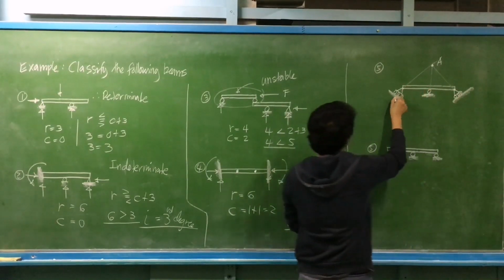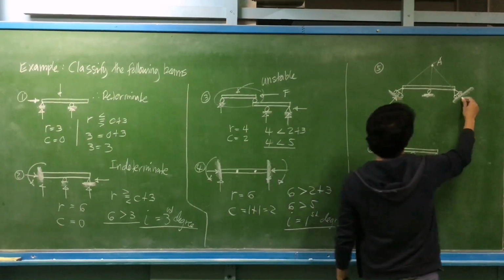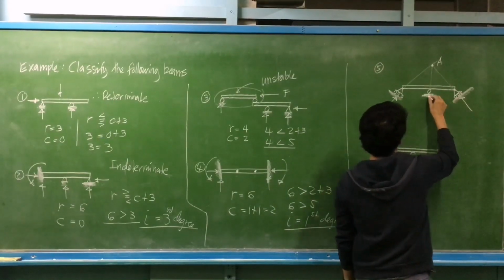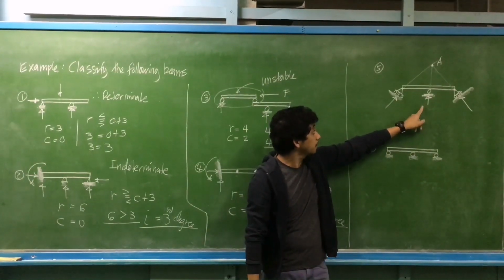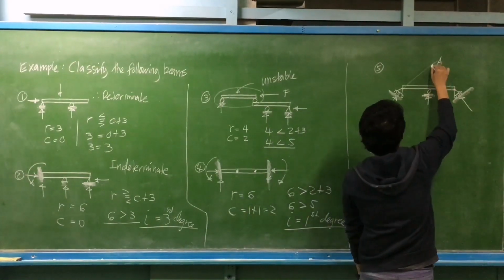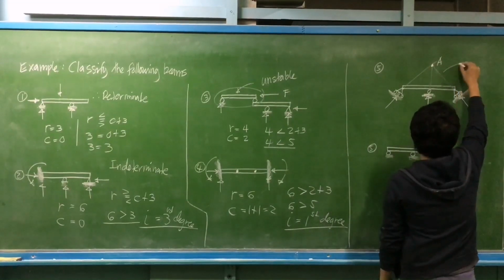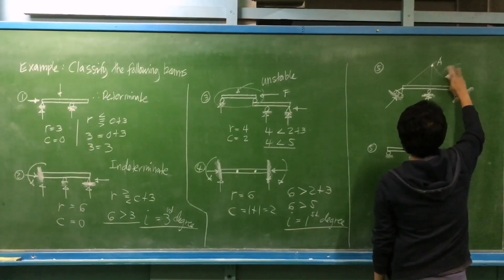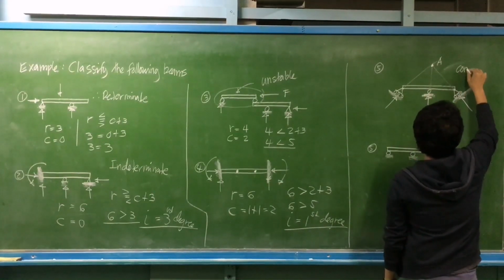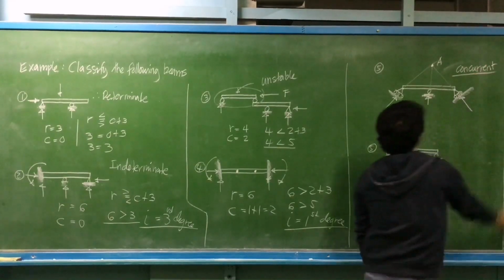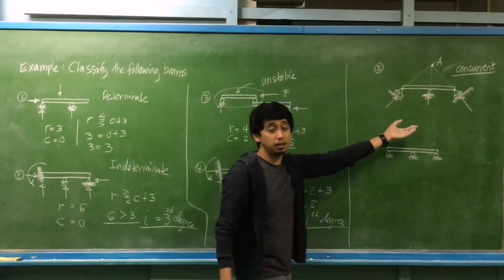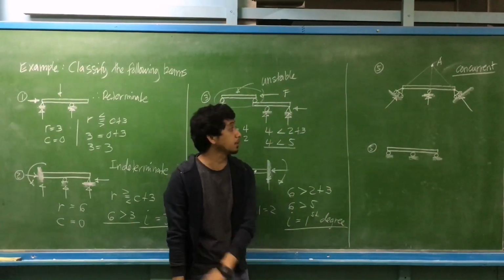If we are to, for example, consider the direction of this reaction and this reaction of this ruler in the middle, and they are to meet on this point A, that makes these 3 forces considered to be concurrent. Okay, if they are concurrent, they are to meet at one point.